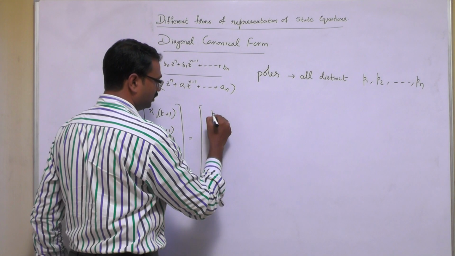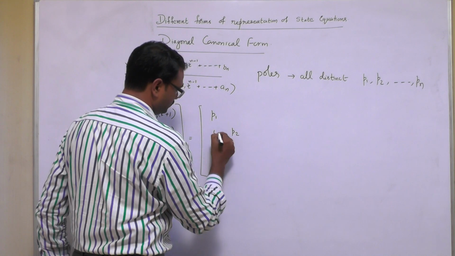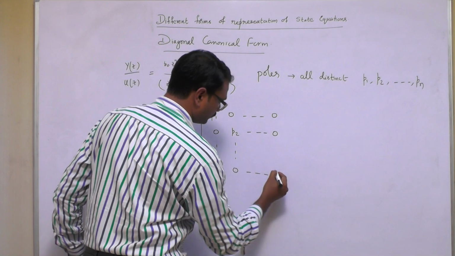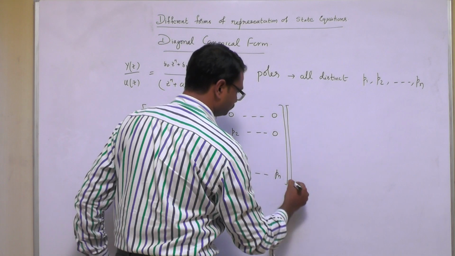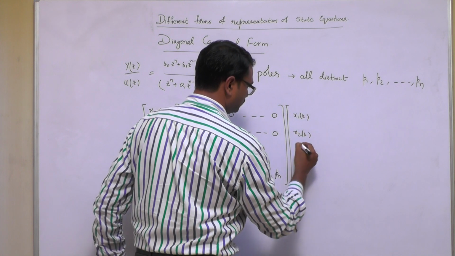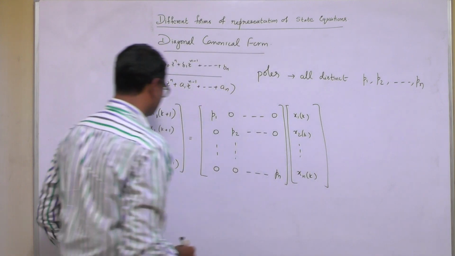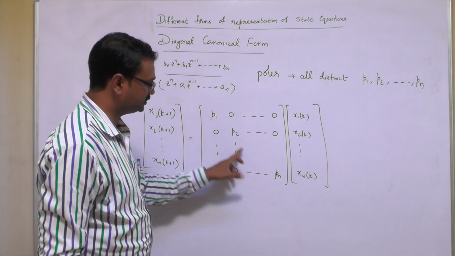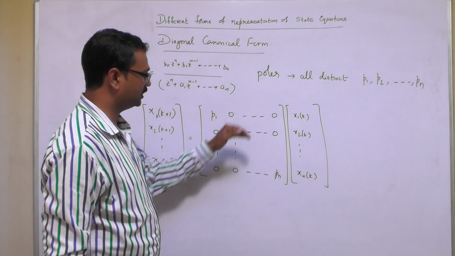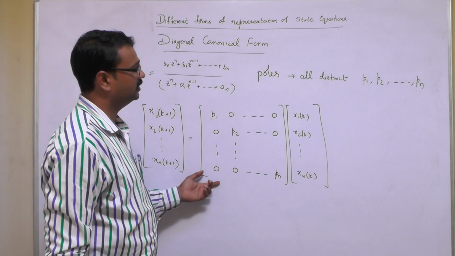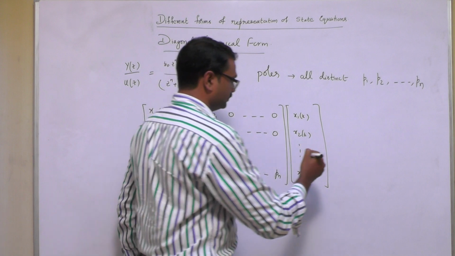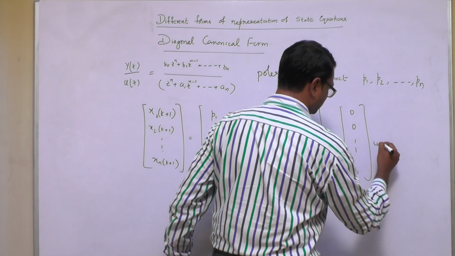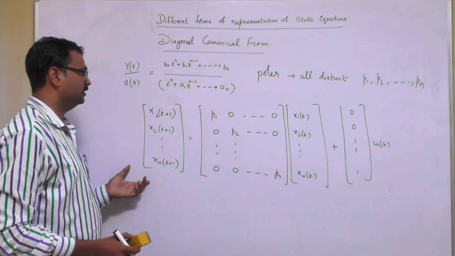All those will be the diagonal elements, multiplying x1 k, x2 k, so on, xn k. So the diagonal elements are all the distinct poles, and the upper triangular and lower triangular parts of this matrix are all zeros. Plus 0, 0, 1 times u of k. So you have this equation as the diagonal canonical form.